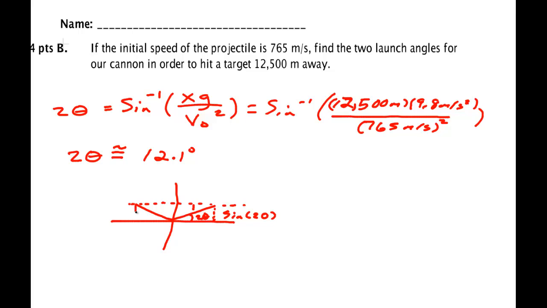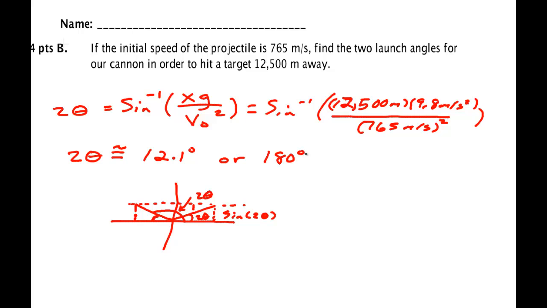It would have exactly the same height if this angle were 2 theta. And in that case, that angle would be 180 degrees minus this 12.1.